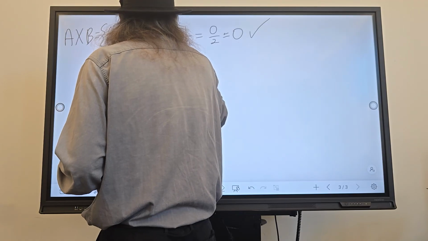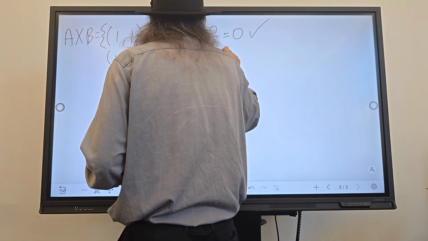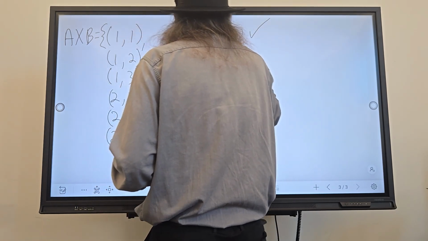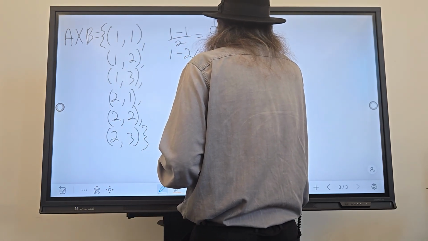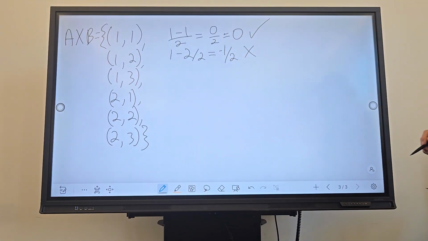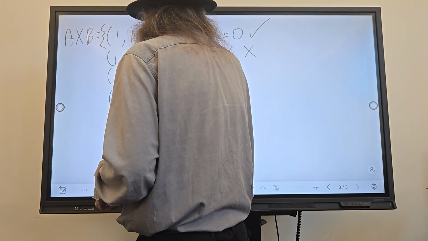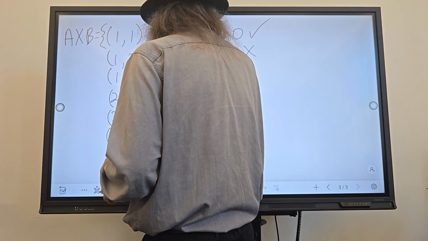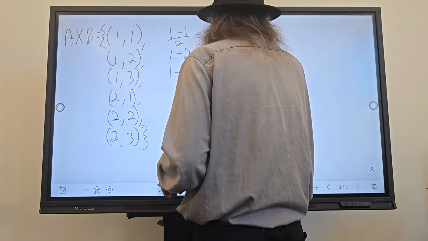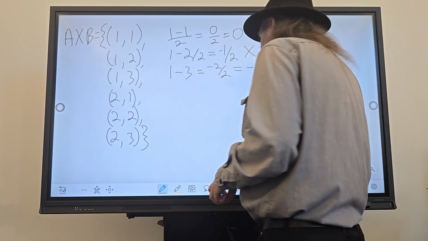This one would be 1 minus 2 over 2 equals minus 1 over 2, which is not in the relation. 1 minus 3 equals minus 2 over 2 equals minus 1, which is an integer.